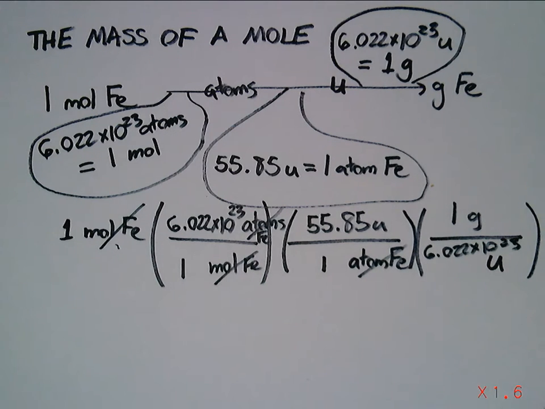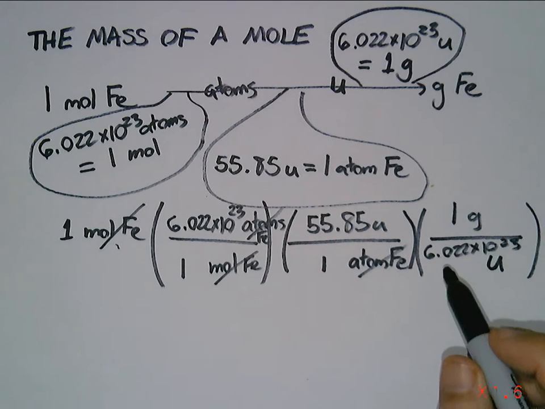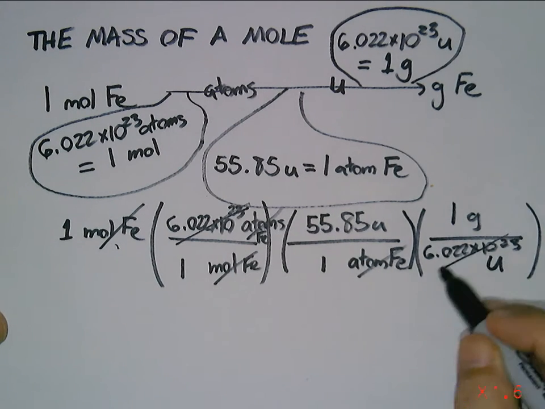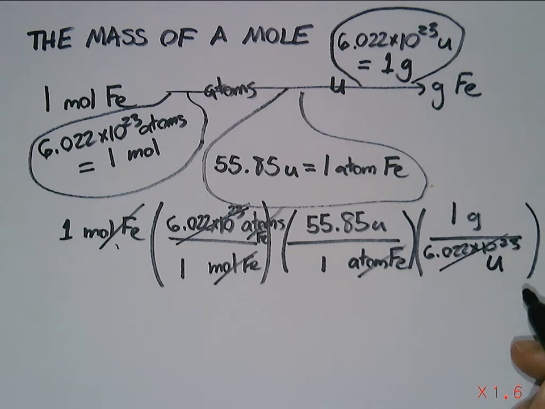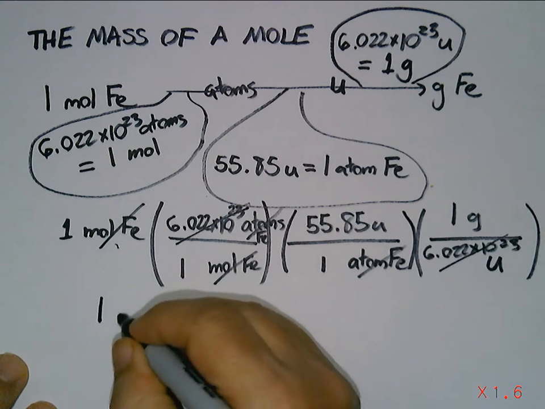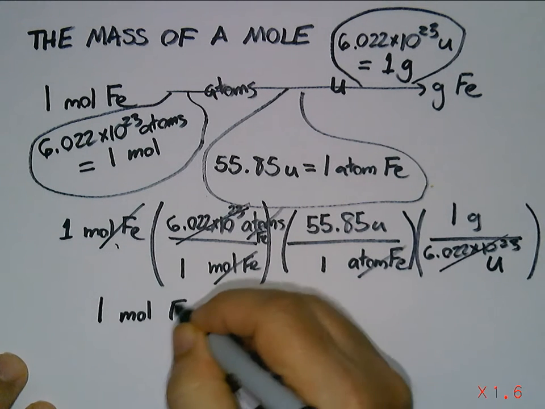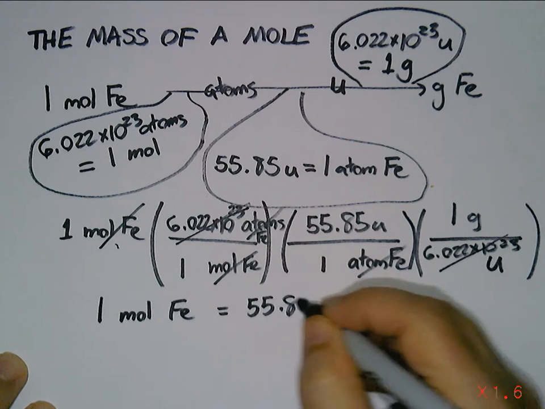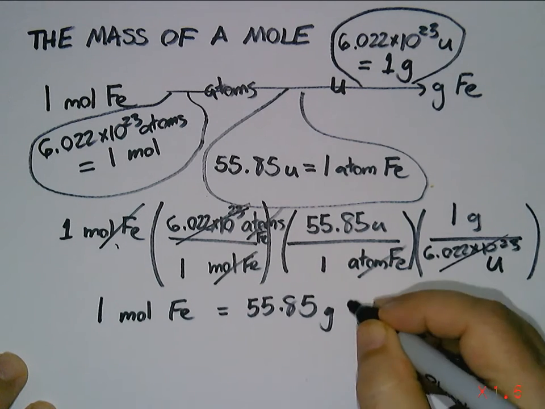Now look what happens. It's going to be easier for me to type this into the calculator because there's Avogadro's number on the top and Avogadro's number on the bottom, so I never actually have to put that in. So 1 mole of iron equals 55.85 grams of iron.